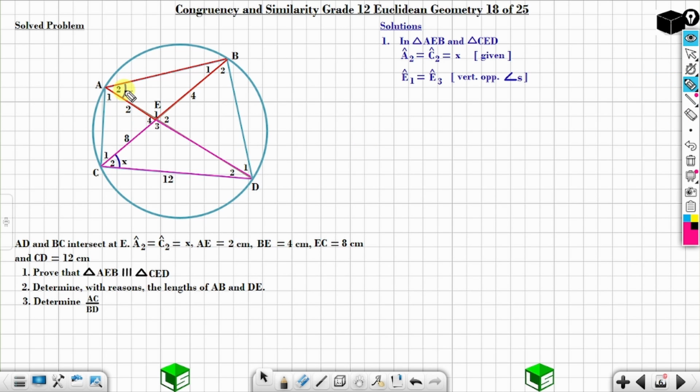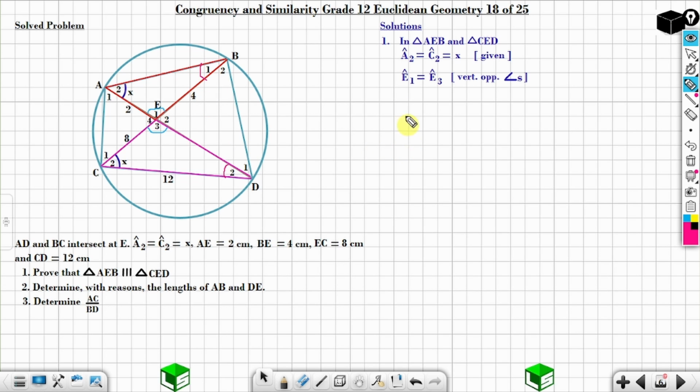This angle and this angle, and we have proved this angle and this angle. Now automatically the remaining angle, this and this angle, are going to be equal.